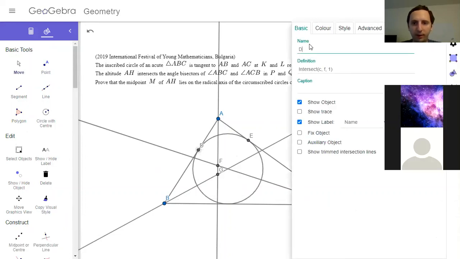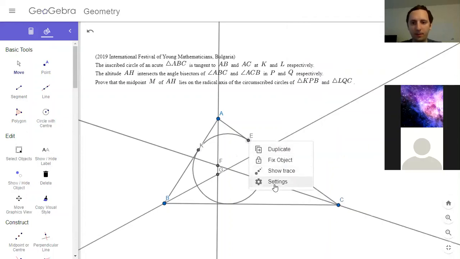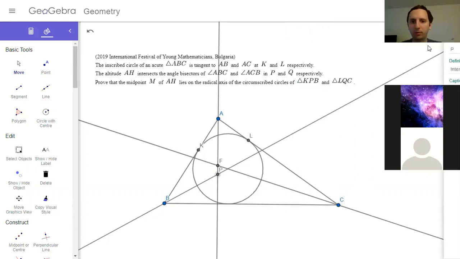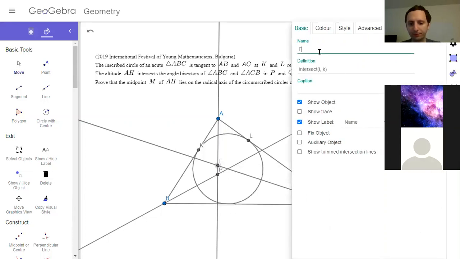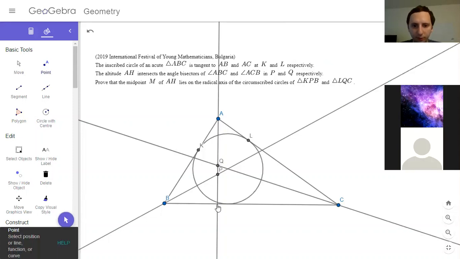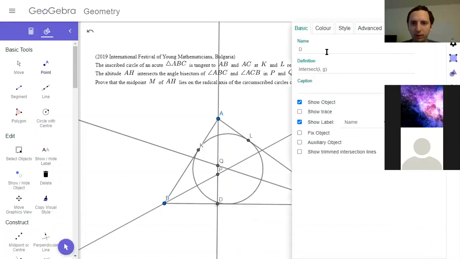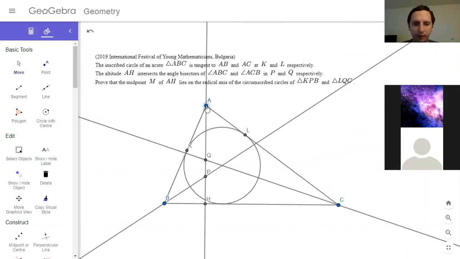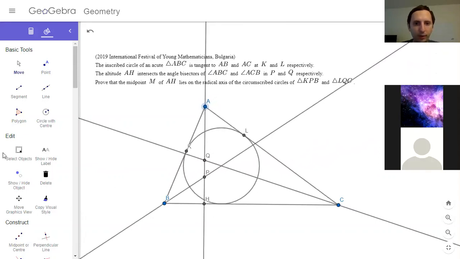So this is K. This is L. This is P. And that's Q. And the altitude's AH, so that point is H. Let's make it a little bit farther from the circle itself. And we want to show the midpoint of AH lies on the radical axis of 2 of the circles.